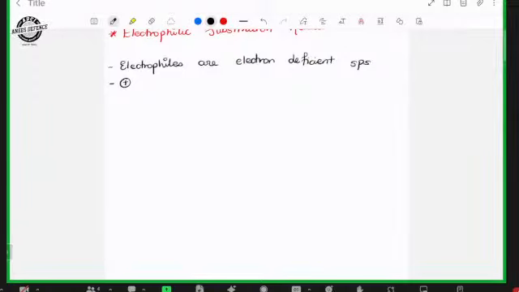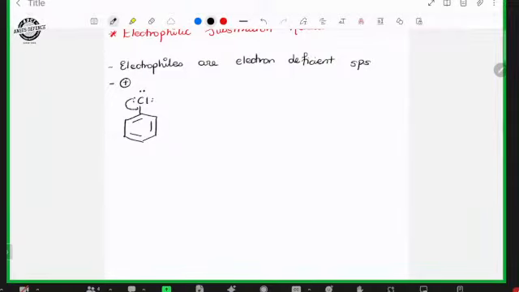Okay, so let us draw the resonating structure of chlorobenzene. Now this chlorine group has lone pair of electron, and this lone pair of electron will be busy in resonance with the benzene ring.